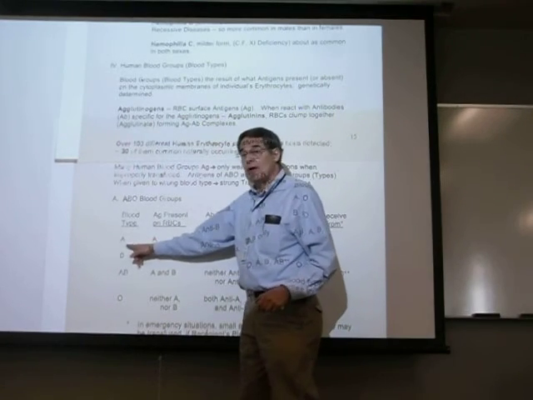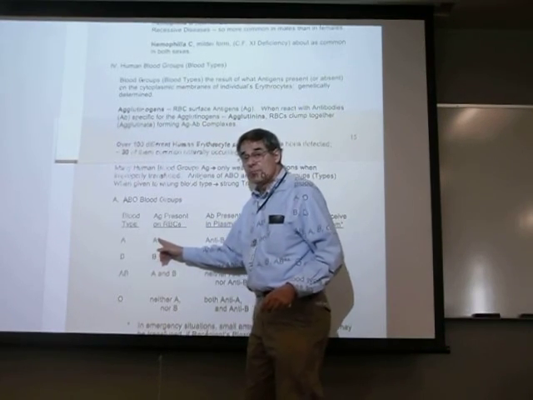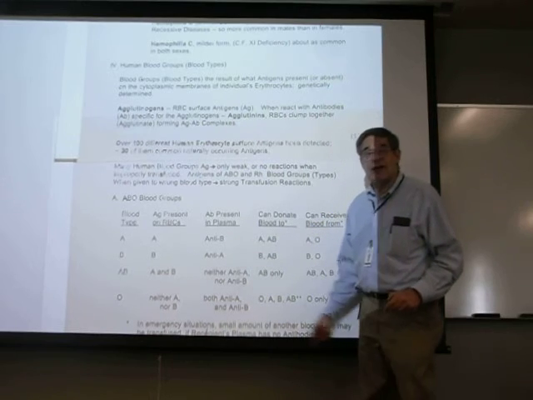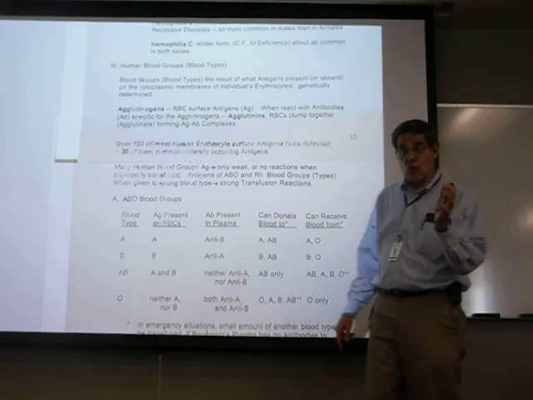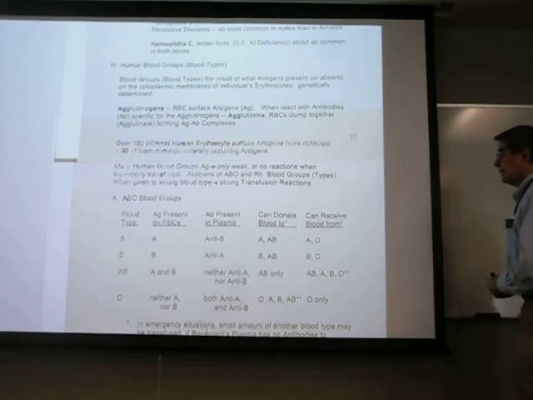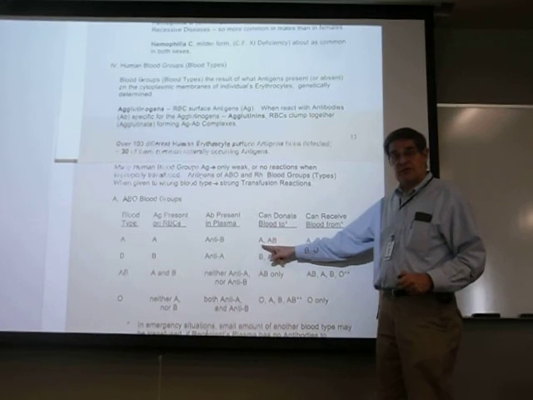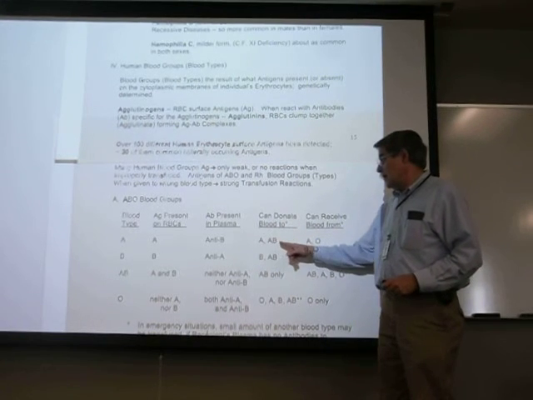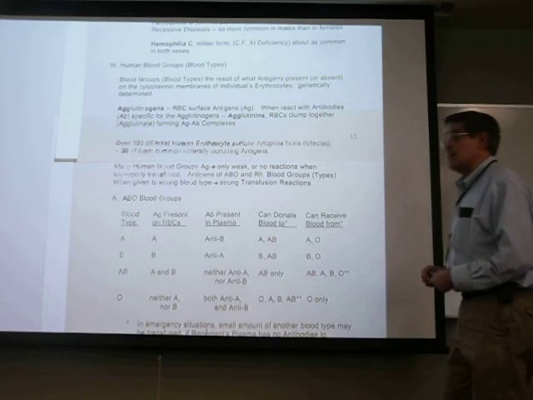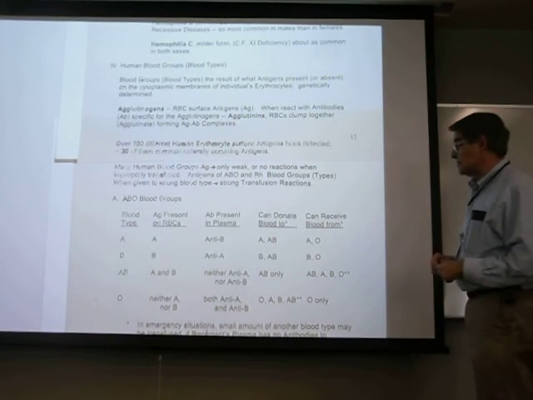Type A blood, you've got the A antigen on your red blood cells, you've got the anti-B antibody in your plasma, because B antigen is a foreign antigen. And you could donate, obviously, to yourself, type A, and to type AB, small quantities.